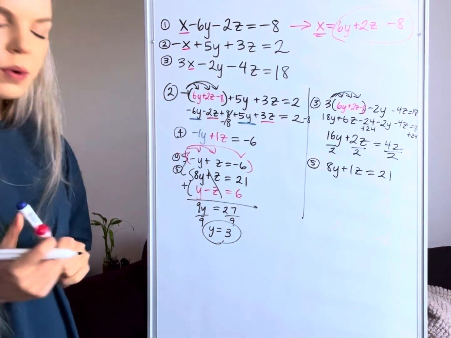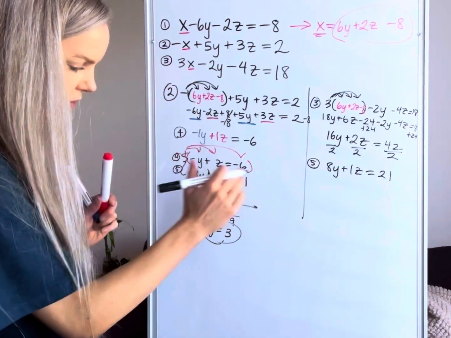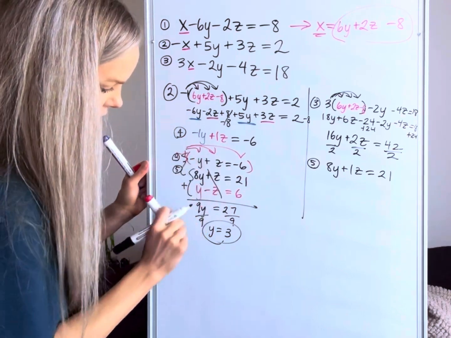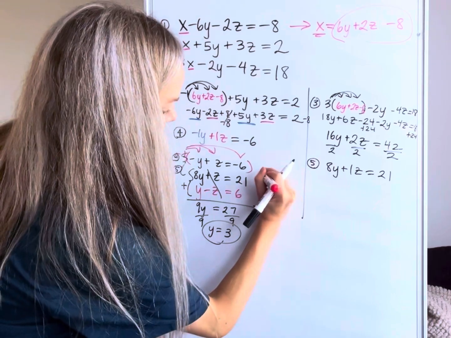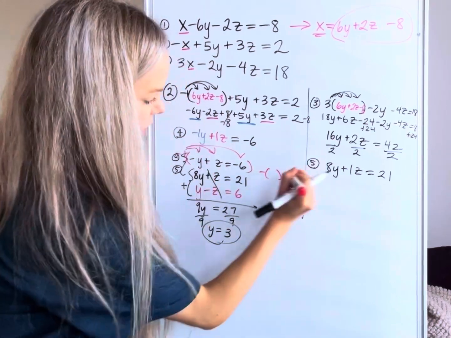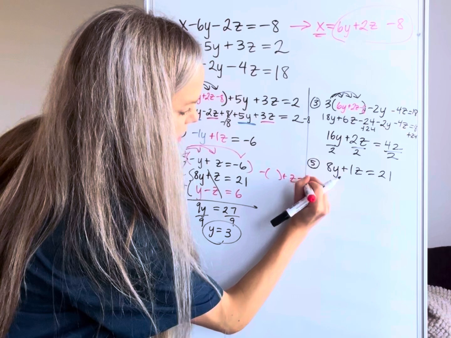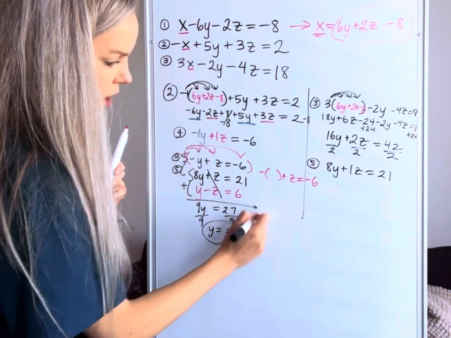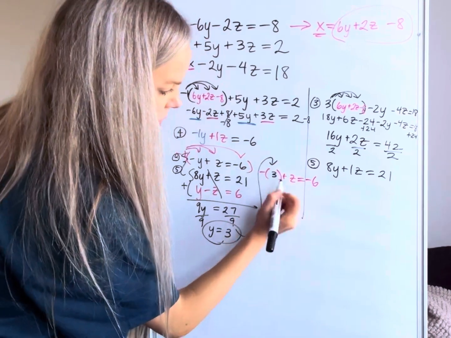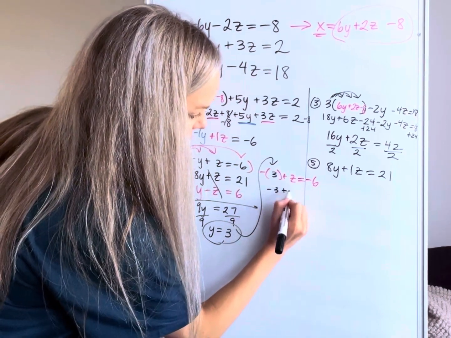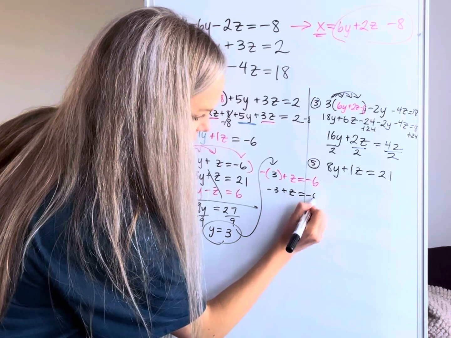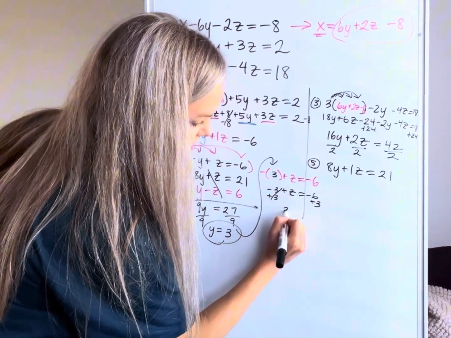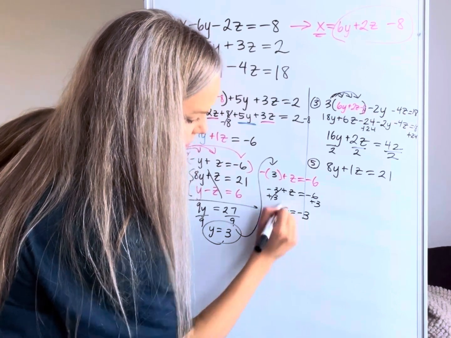Okay, and so once you have the y value, pick any of these equations to solve for the z value. I'm going to pick this top equation, negative y plus z equals negative 6. Now we know y is 3. So negative 3 plus z equals negative 6. Add your 3. So z equals negative 3.